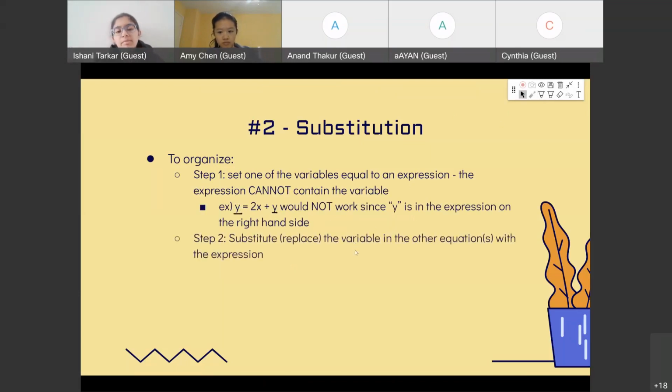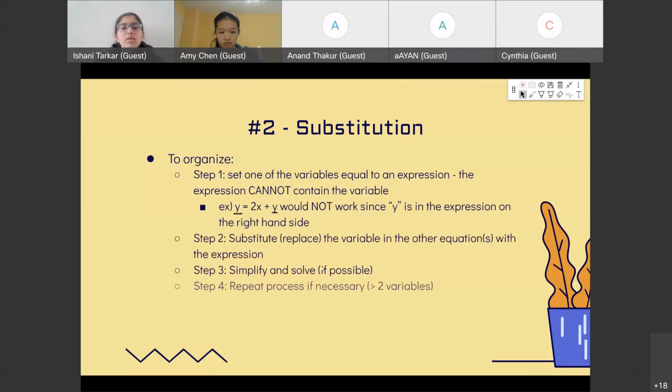And it wouldn't really be helpful. Step 2, you substitute the variable into the other equation with the expression, and then step 3, you simplify and solve if possible. And if possible means there has to be an intersection there, right? It can't be parallel. And then you repeat the process if necessary if there are more than 2 variables, and you solve for all variables.